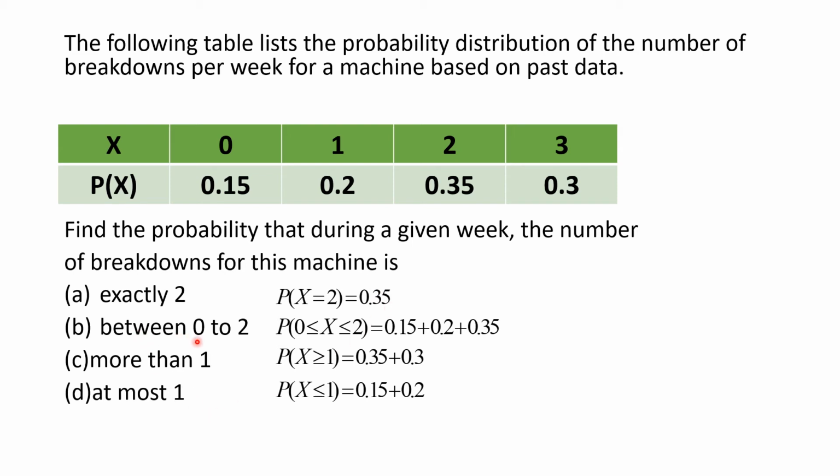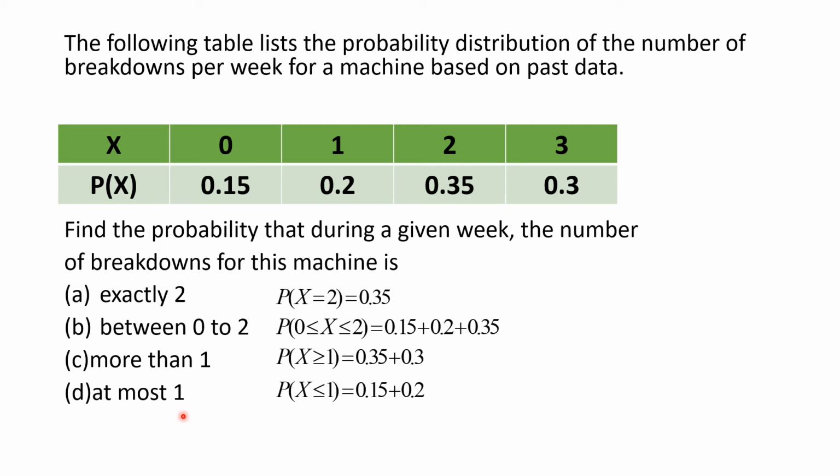Okay? Between 0 and 2 simply means 0, 1, and 2. So you just sum up 0.15, 0.2, and 0.35, and you get your value of the probability. And next, if it says more than 1, here it simply means 2 and 3, so you just add 0.35 and 0.3. Okay, at most 1.